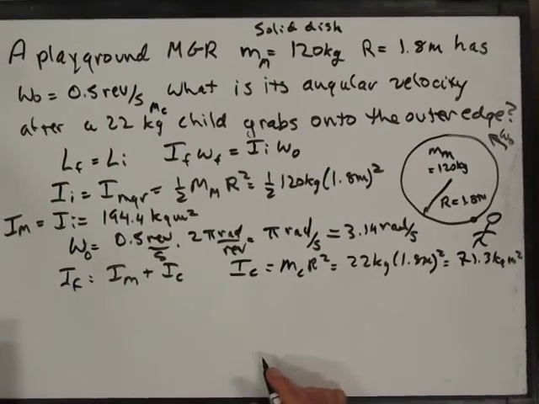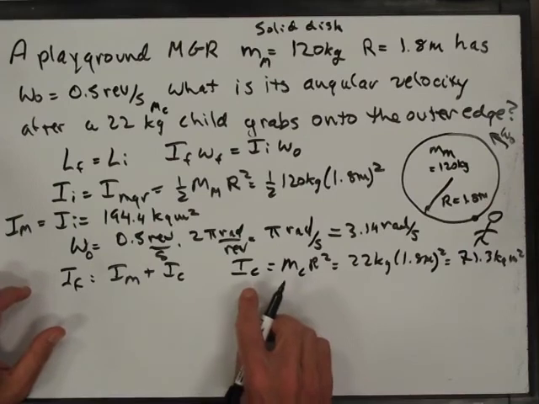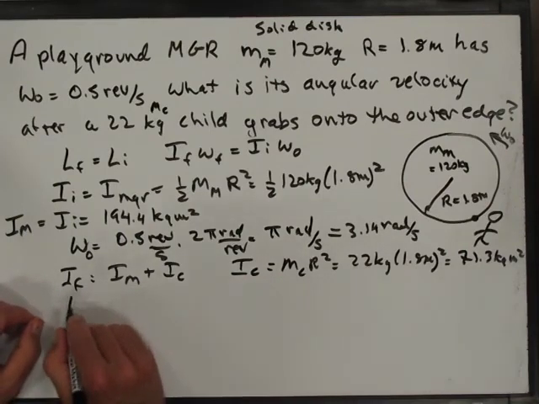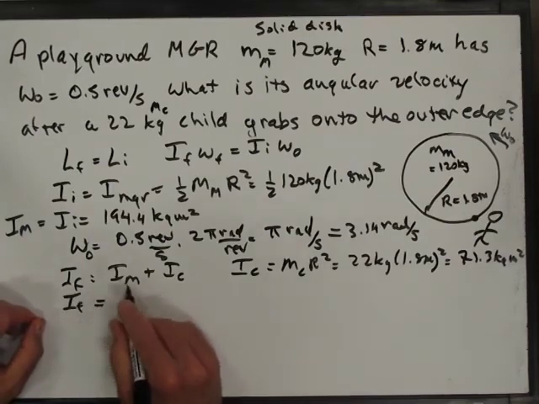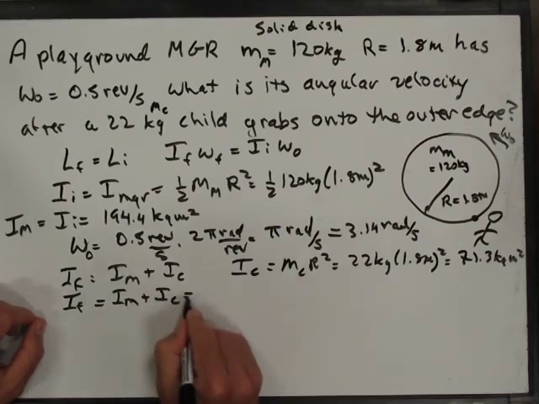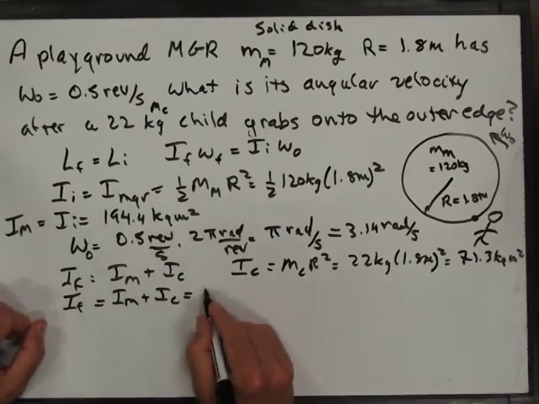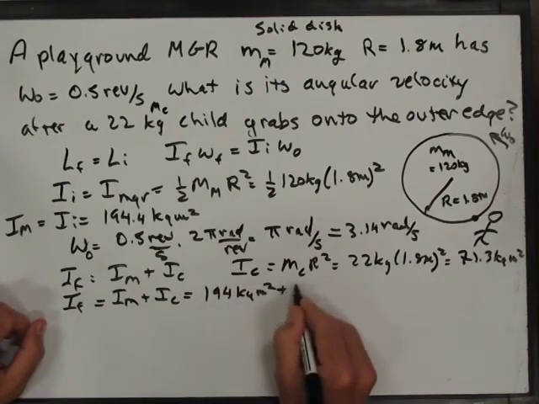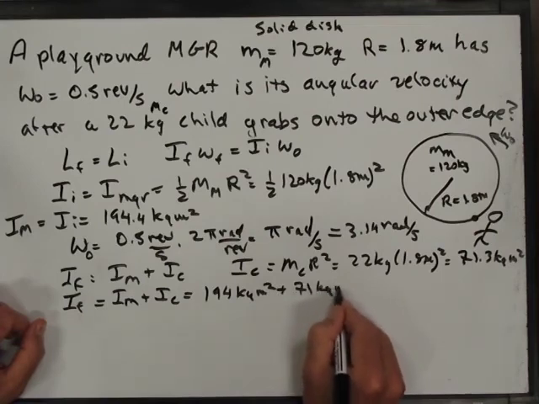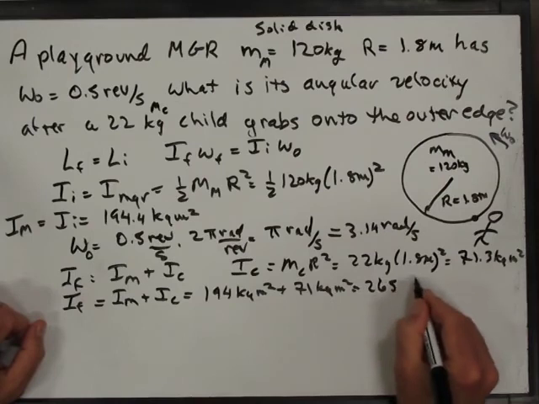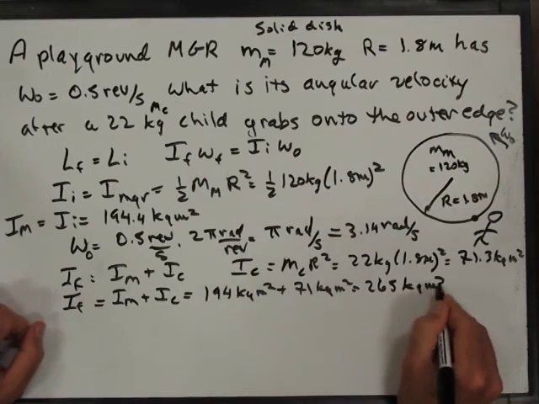And so now we can say I final is I merry-go-round plus I for the child, which is approximately 194 kilogram meter squared plus 71 kilogram meter squared, which is equal to 265 kilogram meters squared, roughly.